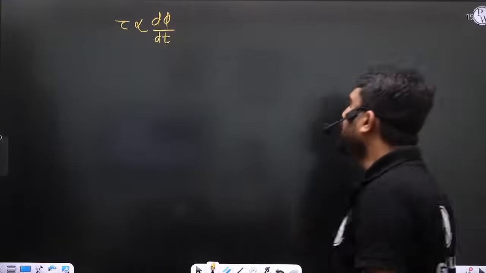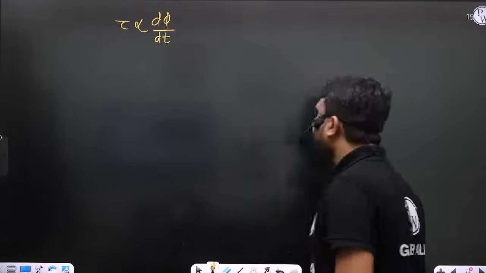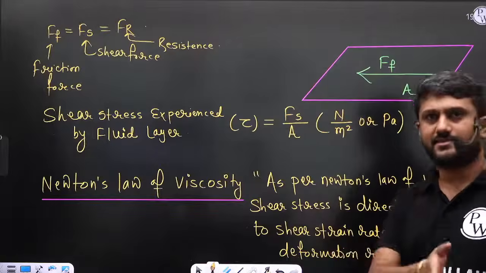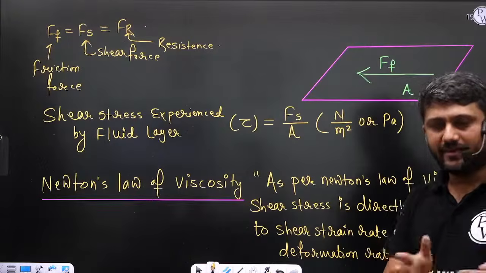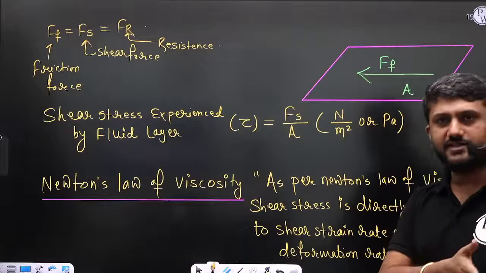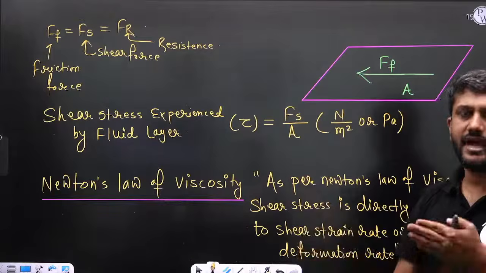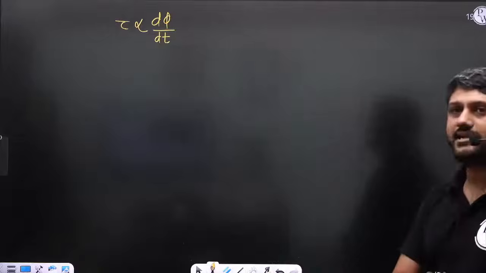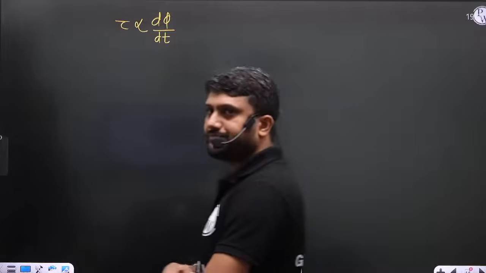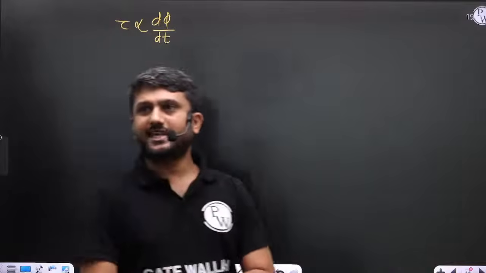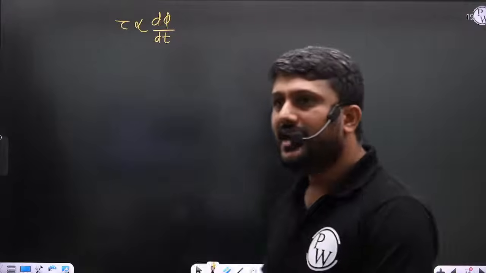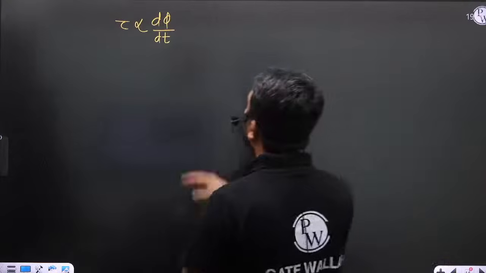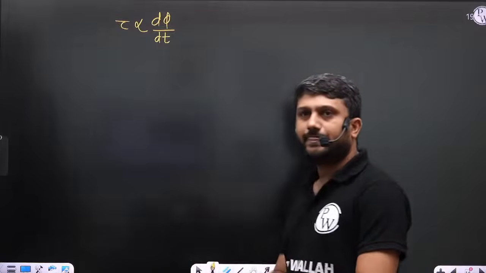What is d phi by dt? The d phi by dt is nothing but the rate of angular deformation. We already discussed this when we discussed the difference between solid and fluid. So the shear stress experienced by the fluid layer is directly proportional to d phi by dt.